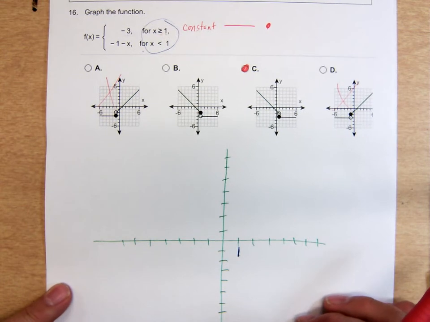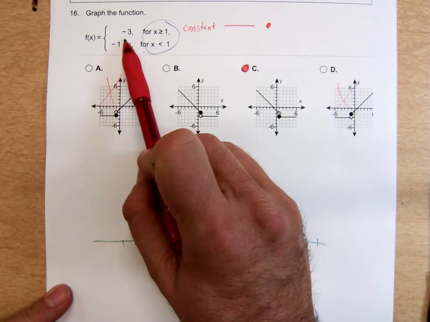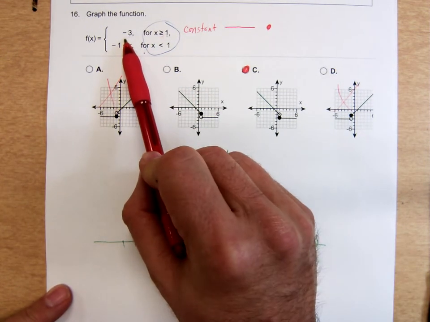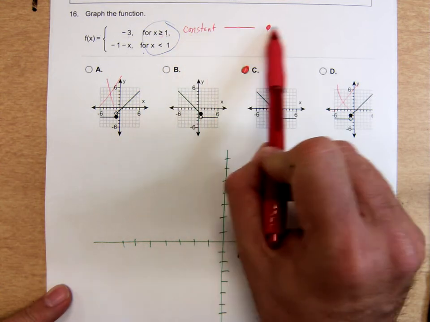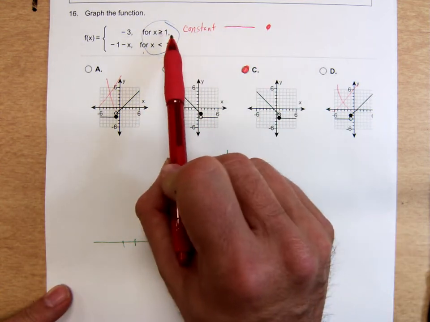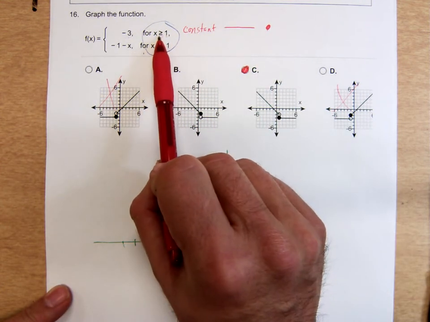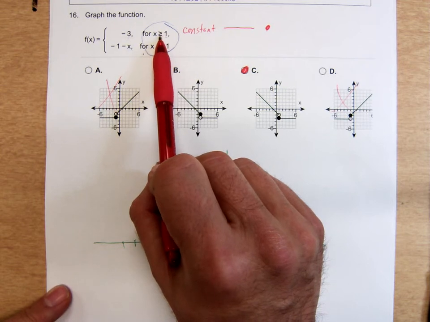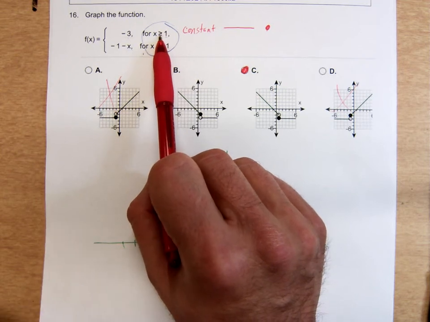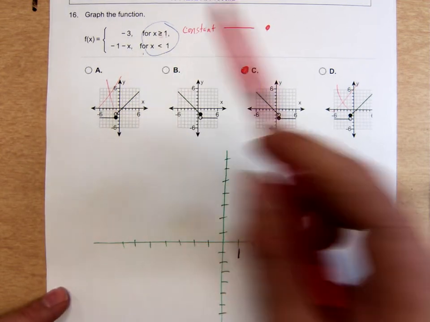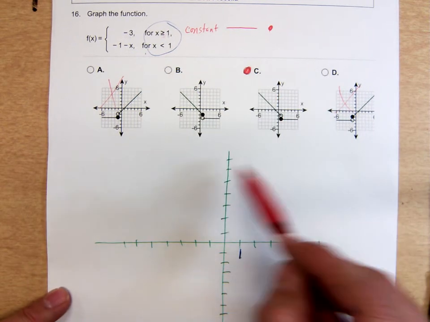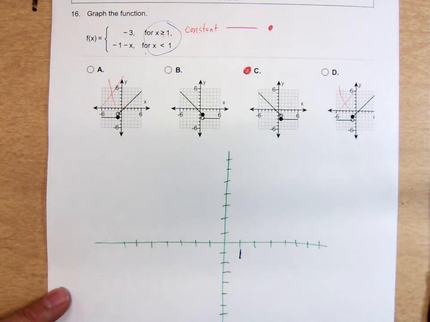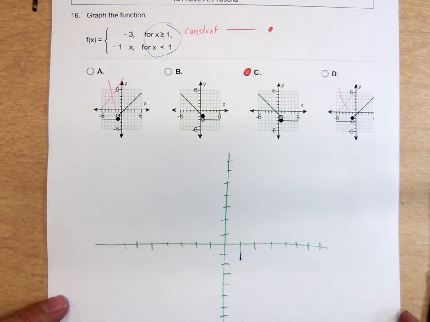The one that doesn't have an x, that's the flat line. It's called a constant function, and it's ending with a closed circle. Why closed? Because of that equal sign. So just do a little functional and graphical analysis to decide on that answer, rather than graphing it all out. Okay? Any questions on that one?